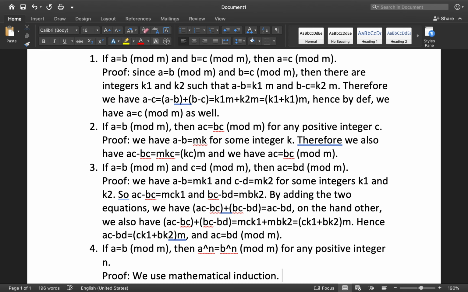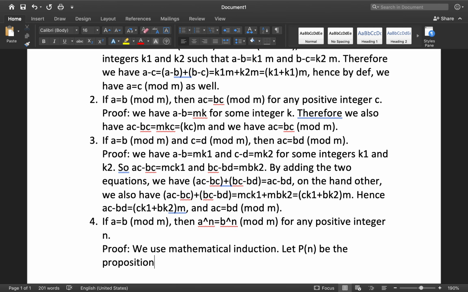Now let, for example, P n be the proposition, or you can say the statement, to be this statement. Now how do you prove it? If you want to use induction, you have to show, when n equals 1, what happens?